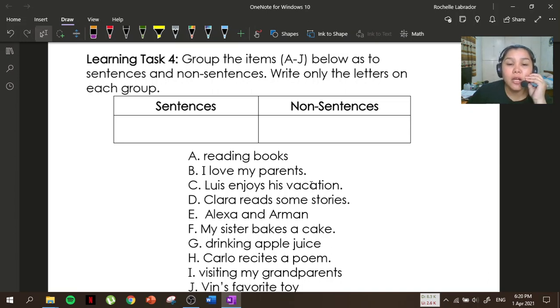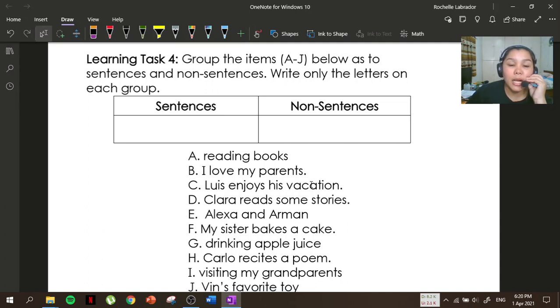Letter A, reading books. Letter B, I love my parents. Letter D, Clara reads some stories.